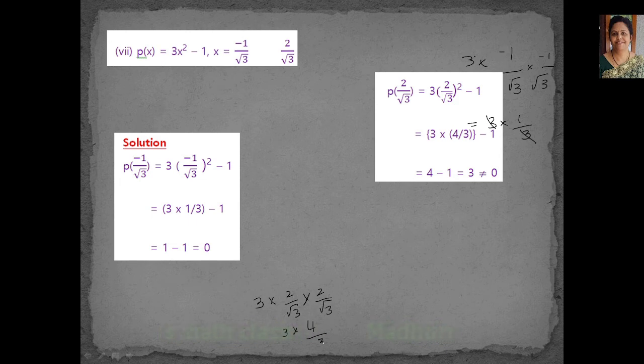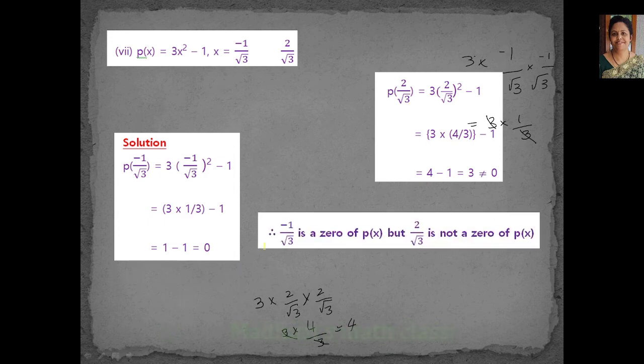Root 3 into root 3 is 3. So 3 and 3 cancel. You will get 4. So 4 minus 1 is equal to 3, not equal to 0. So 2 by root 3 is not a 0 of Px. Therefore, negative 1 by root 3 is a 0 of Px, but 2 by root 3 is not a 0 of Px.